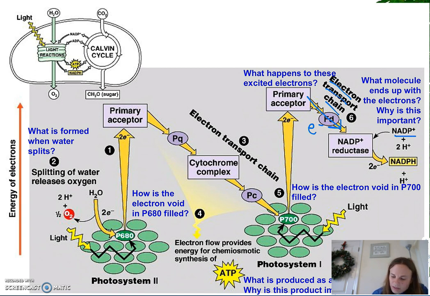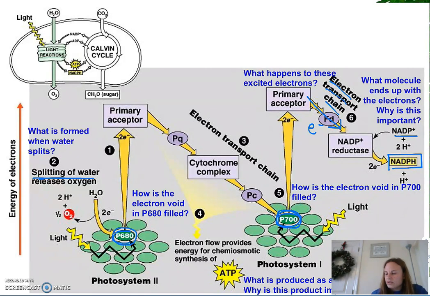Well, NADP plus gets reduced to NADPH, which can then be used for the Calvin cycle. So letter C, what molecule ends up with the electrons and becomes reduced as a result? NADP plus. Now, how is this void in P700 filled? It's going to come from the electron in P680, which ultimately came from the splitting of water.